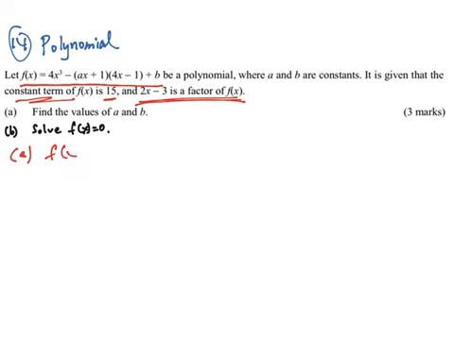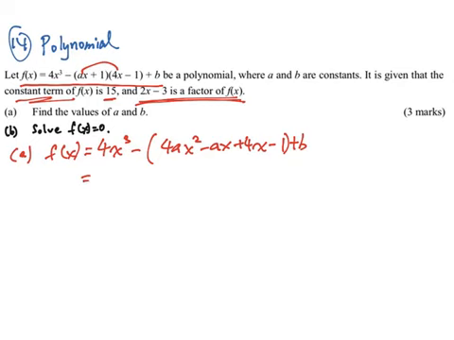So for f(x), we need to expand the bracket. So 4x cubed minus, put a big bracket, so ax times 4x, so 4ax squared minus ax plus 4x minus 1, close bracket, plus b.